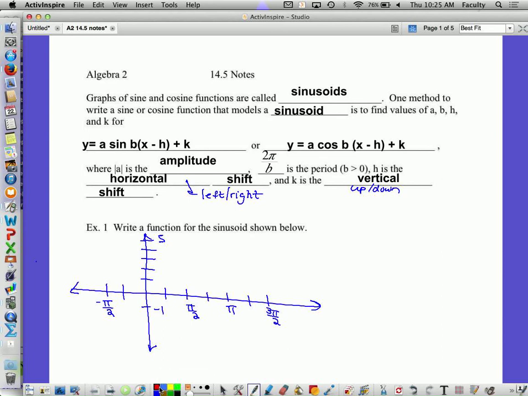All right, so the first point we're going to plot is at 0, 2. Then halfway, it's not even to the first tick mark. At the halfway, we're going to go up to 5. Then halfway, we go down to negative 1.